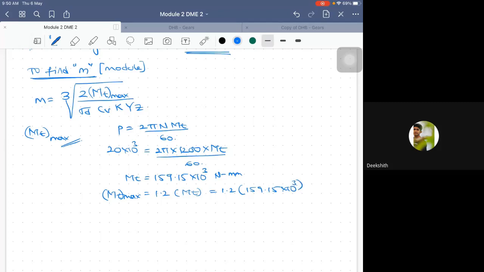Your value of Mt max would be 191 into 10 to the power of 3 Newton mm. Okay, so this is the value of your Mt max.